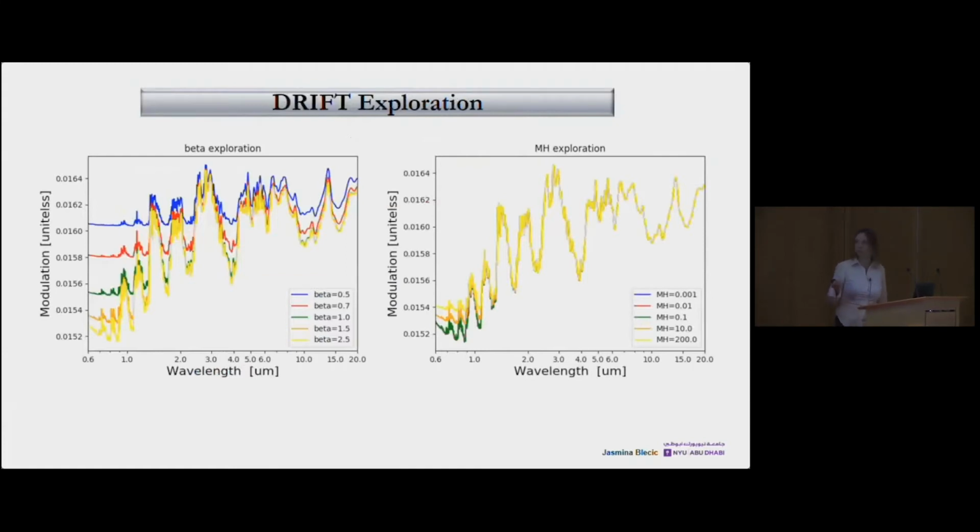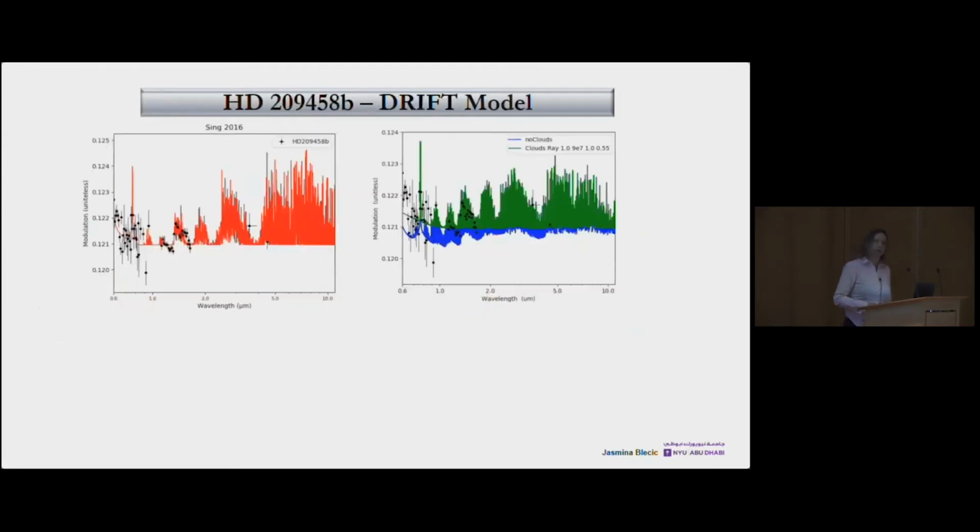Here I'm also showing you some exercises on how changing some of the parameters of our drift model can affect the spectra. As you can see here, this is the change in metallicity, and here we are changing the mixing coefficient, and we can see the appearance and disappearance of silicate features as well.